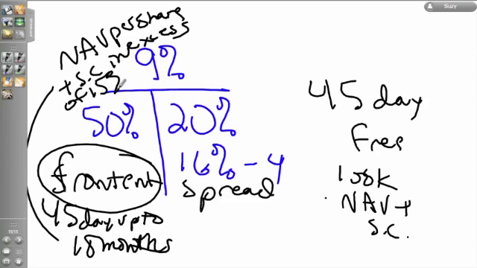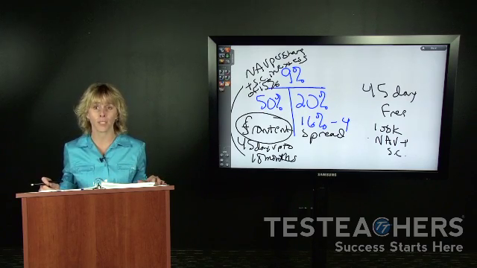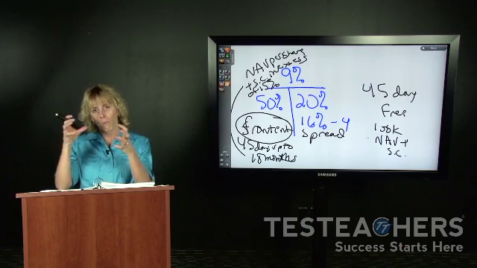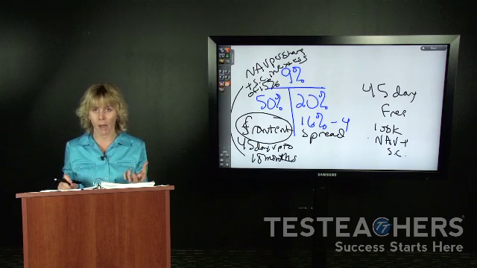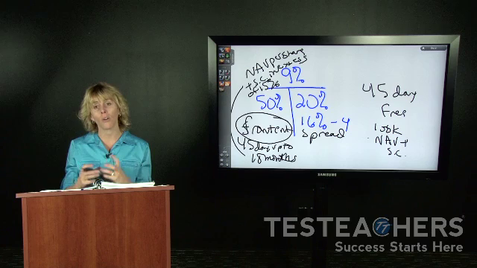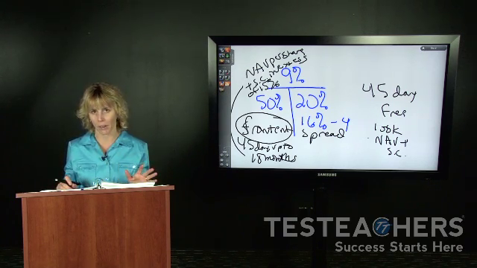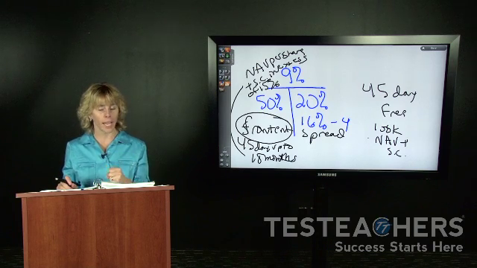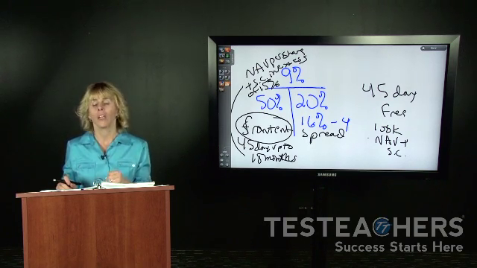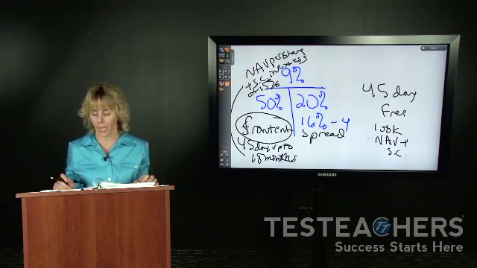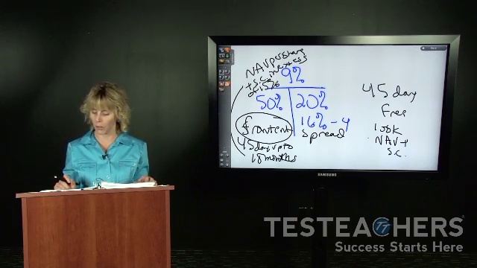So basically that means that the most they can be charged as far as the sales charge goes, if they want out of a front-end load from 45 days up to 18 months, is a 15% sales charge. On a front-end load after 18 months, if they want out, they just get NAV per share. The spread load only has the 45-day free look. So on the spread load after the 45 days, if your client wants out, they will get NAV per share.